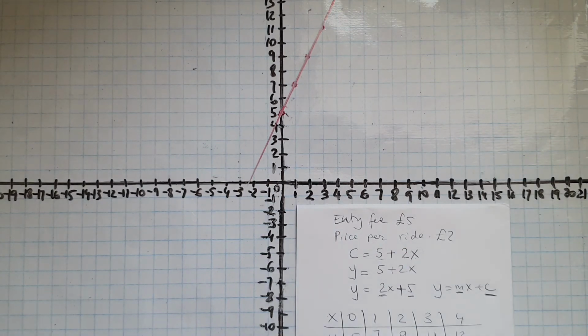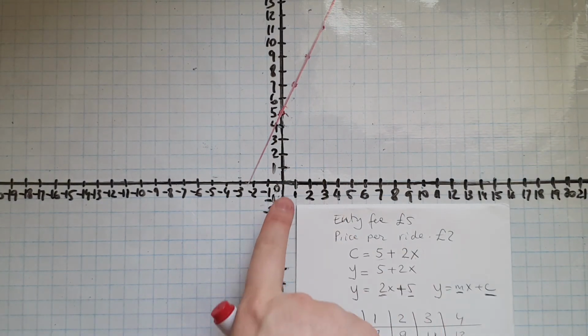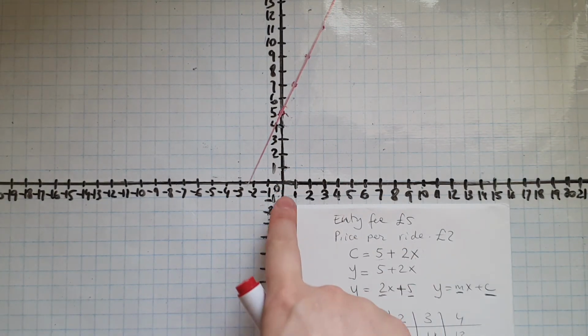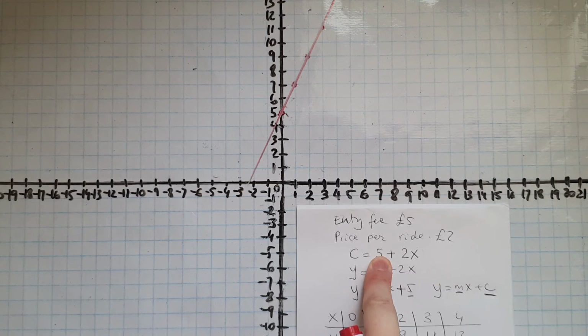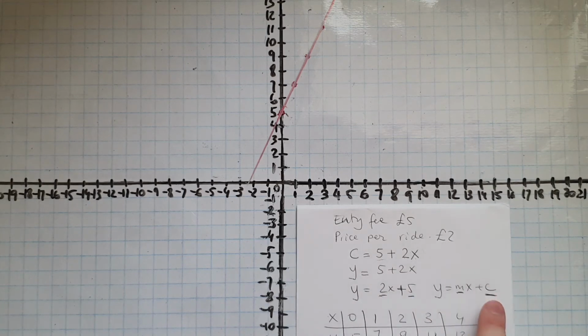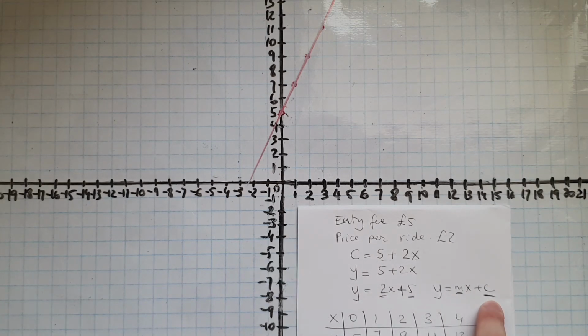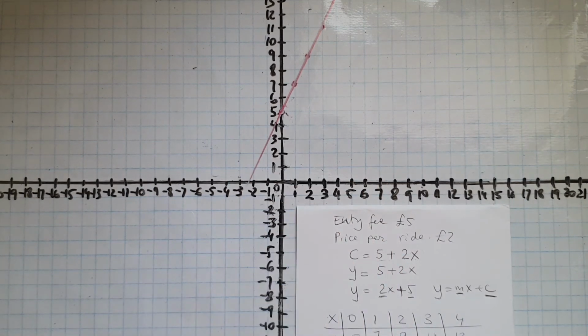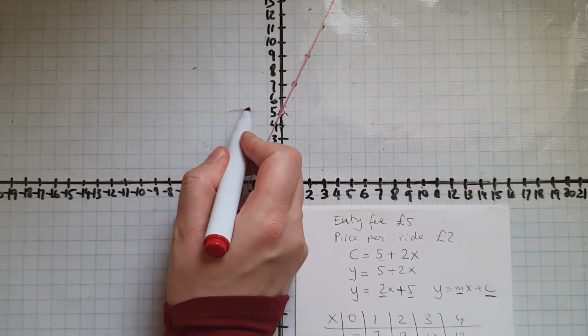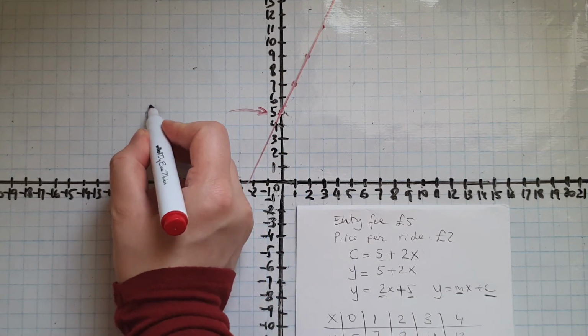So as you can see, this line doesn't cross the origin, the point 0, 0, because of this 5 that we have here, the fixed amount, that constant value that we talked about, which we refer to and recall as the y-intercept.